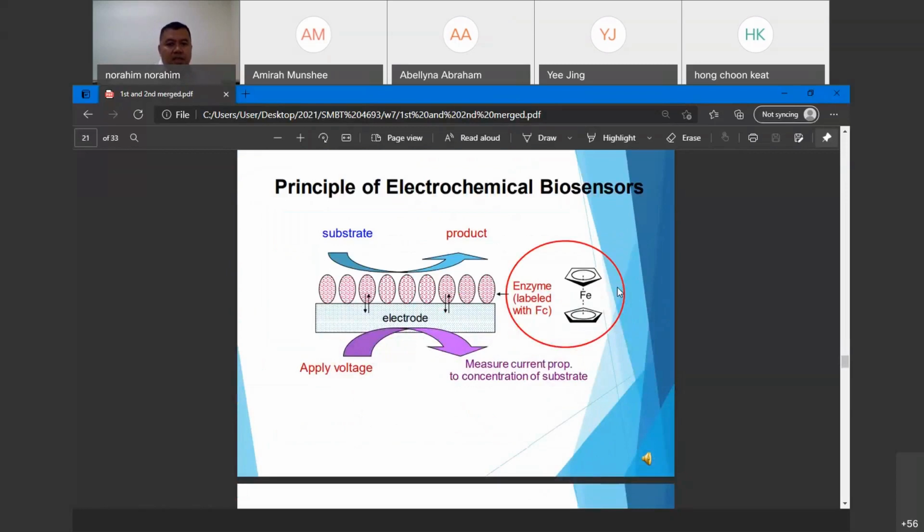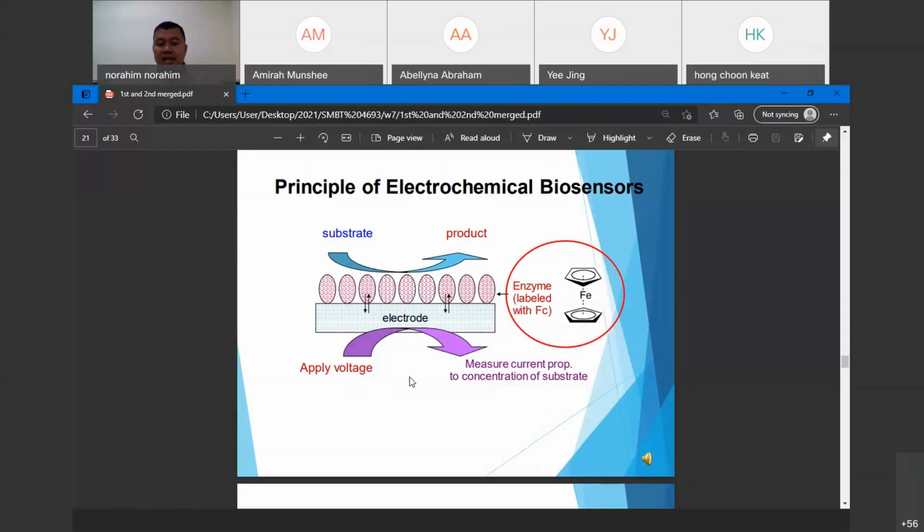Okay, the principle of electrochemical biosensors, again, we have a substrate, we have the product, you have this enzyme label with your mediator, which is ferrocene. This is your electrode, and then you apply voltage to the system so that the reaction will take place, because this reaction is not spontaneous. Remember, if you have a spontaneous reaction, that cell is called voltaic cell, but this is not voltaic cell.